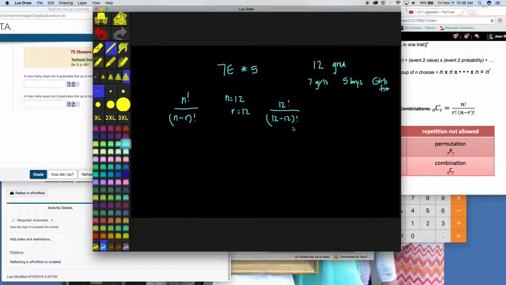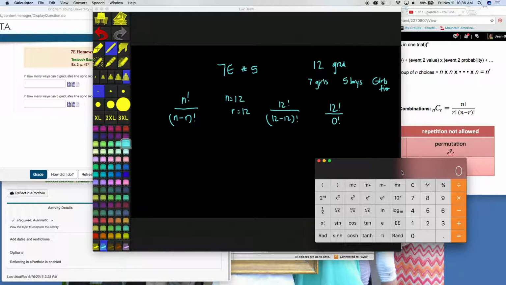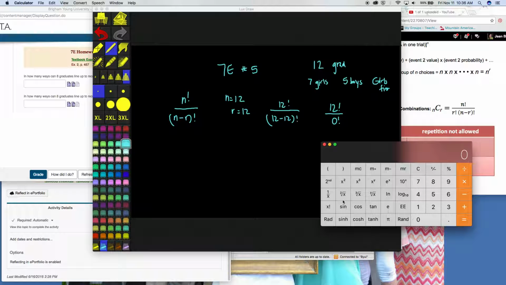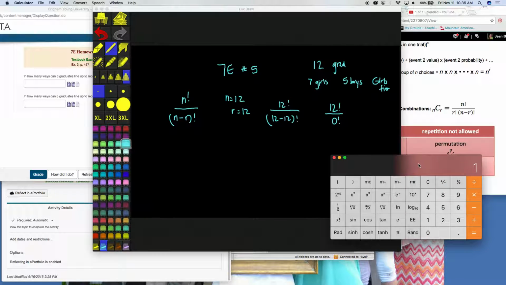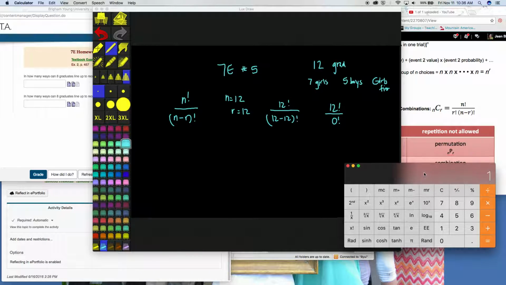Actually, let's look at what happens when you have 0 factorial. Here, we'll just do it right here so you can see. 0 factorial is actually 1. I know that's weird, but just accept it as one of those things in math that has some great explanation somewhere, but we're not going to go into it.